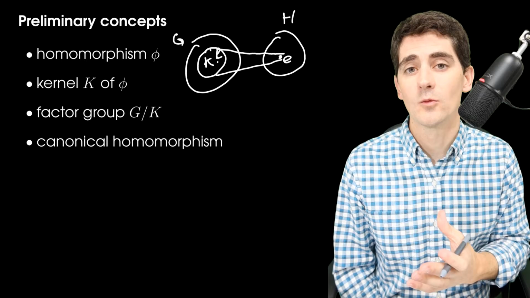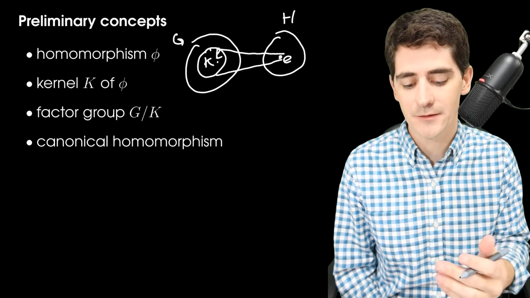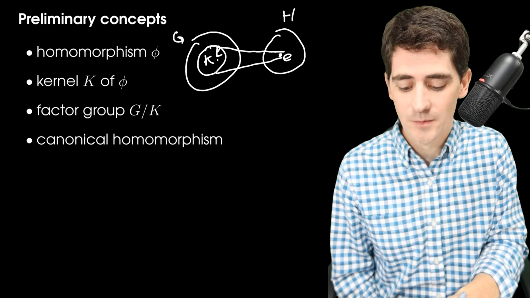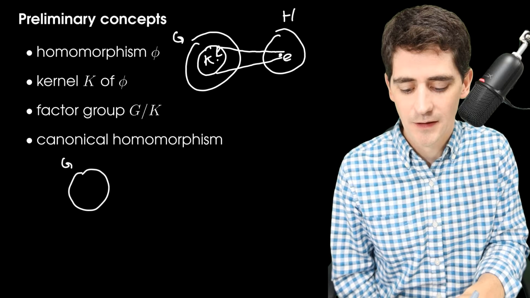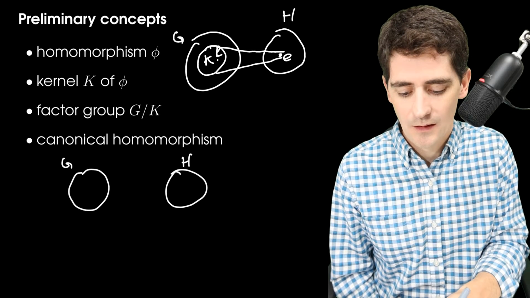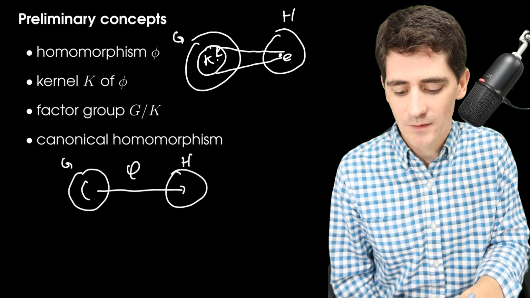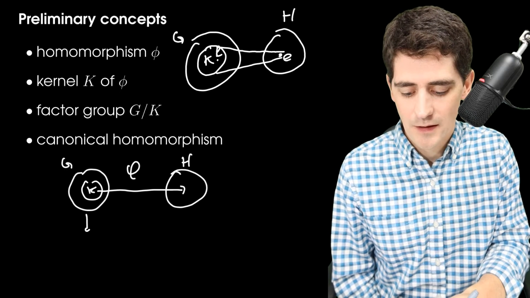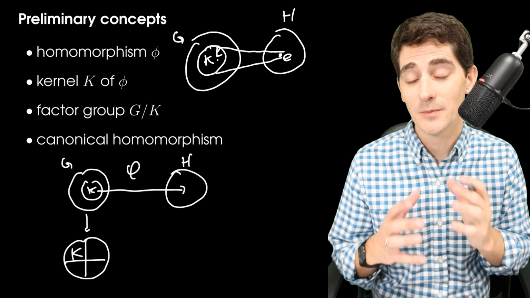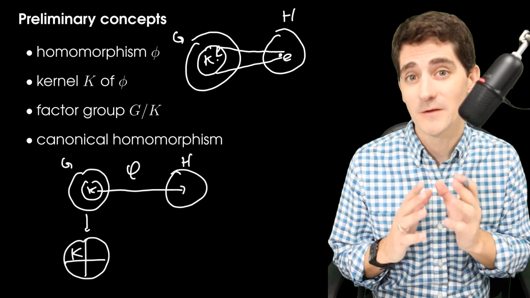Now, anytime you have a normal subgroup, we could have something called a factor group. So the idea of a factor group is, again, let me draw this picture. We have G and H mapping over with my homomorphism phi. The factor group is: I take that kernel as my normal subgroup. I'm going to partition my group into different boxes.